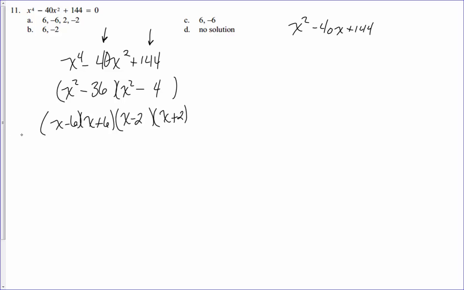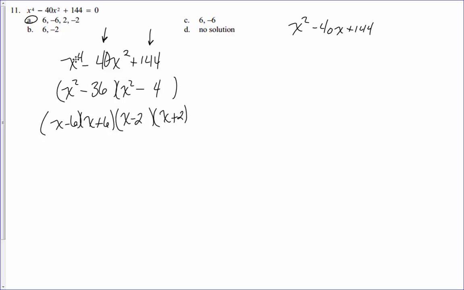All right. Now you just have to set each one of these equal to 0 and solve for x. When you do, you'll find out that the answer is A, positive and negative 6 and positive and negative 2. So even though this isn't x squared minus 40x plus 144 like I wrote over here, you can still start to factor it the same exact way.